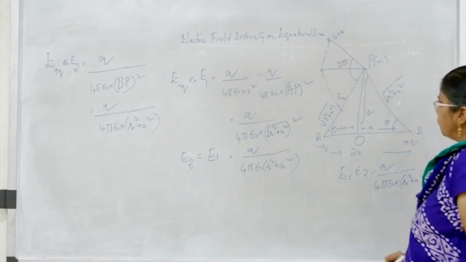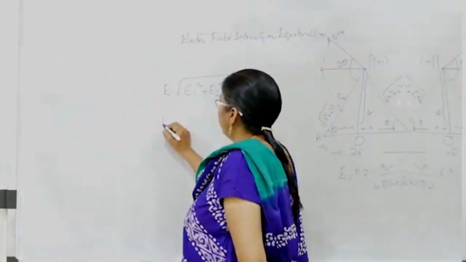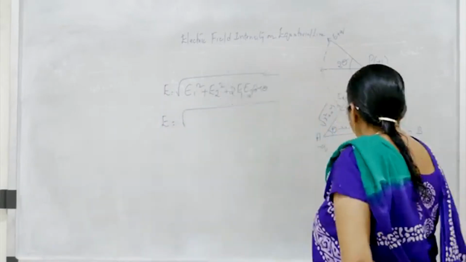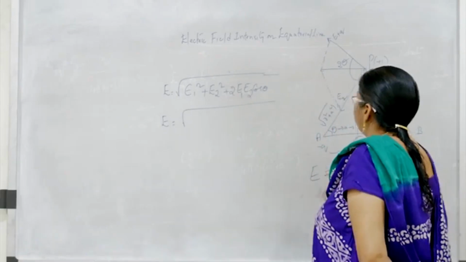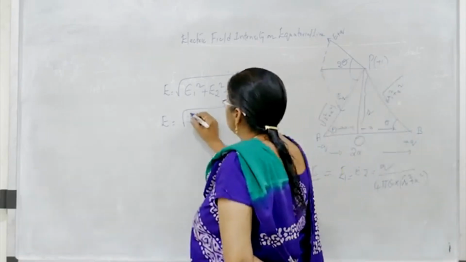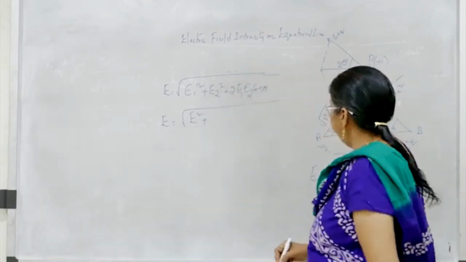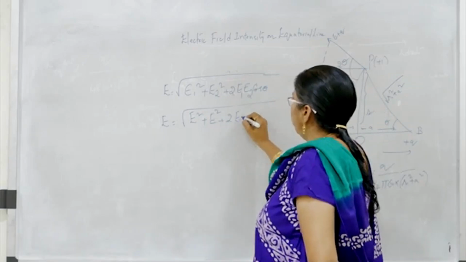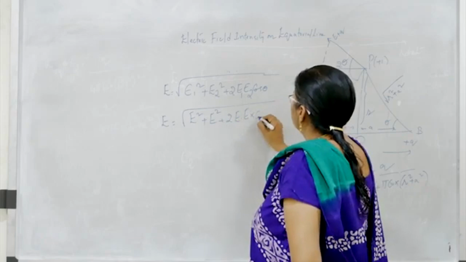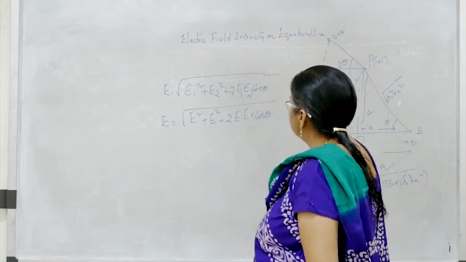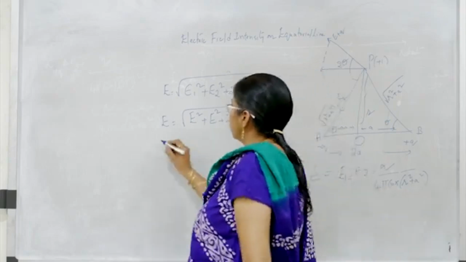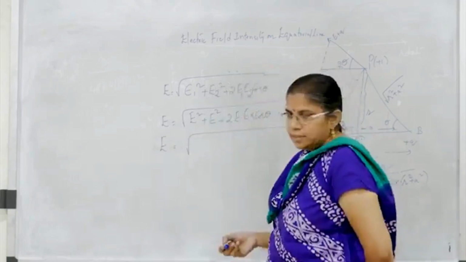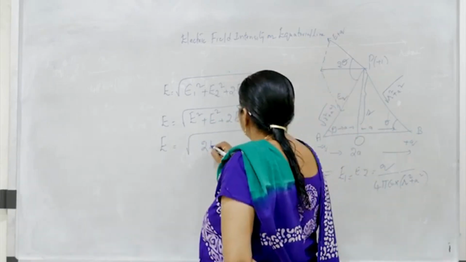The resultant E is equal to root over E1 square plus E2 square plus 2 E1 E2 cos theta. Both magnitudes are equal, so I keep it as E. So E is the square root of E square plus E square, which becomes 2E square, plus 2E square cos theta.